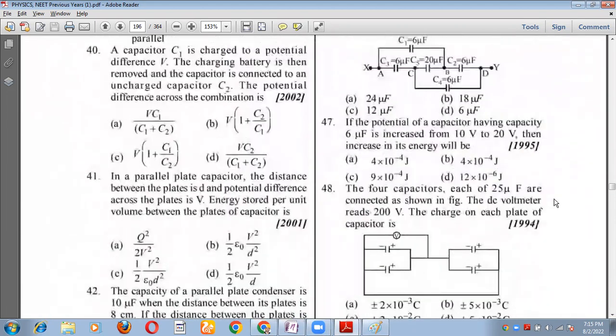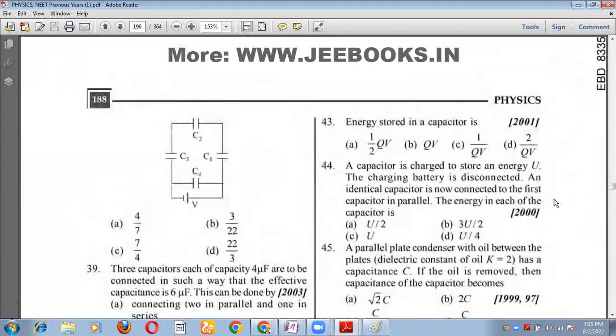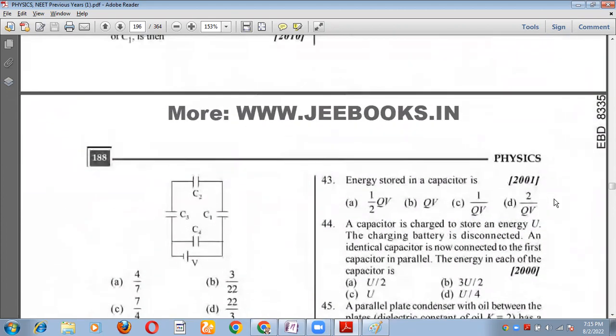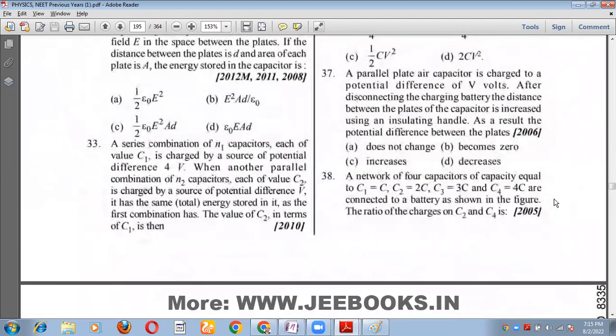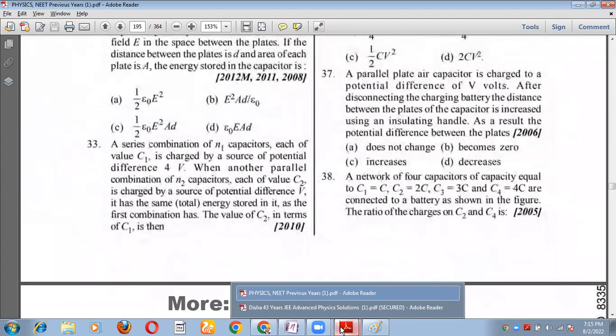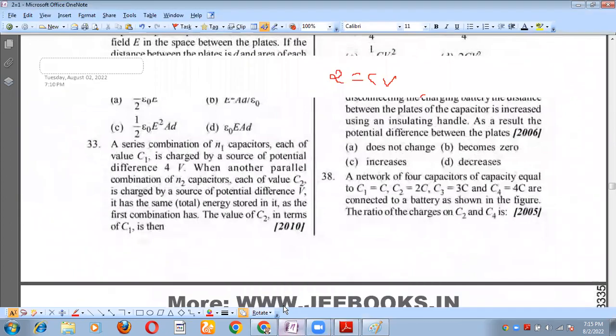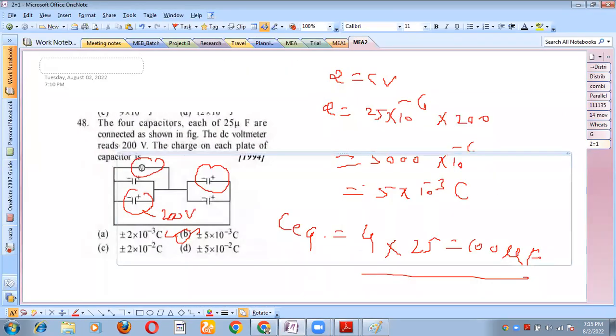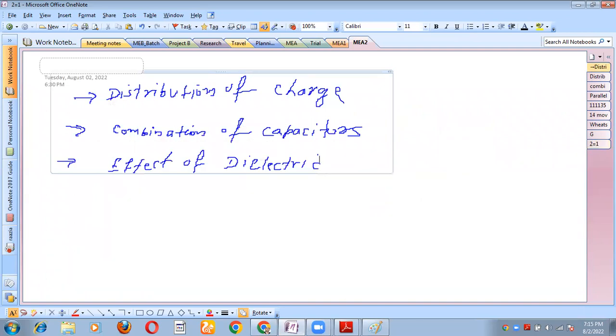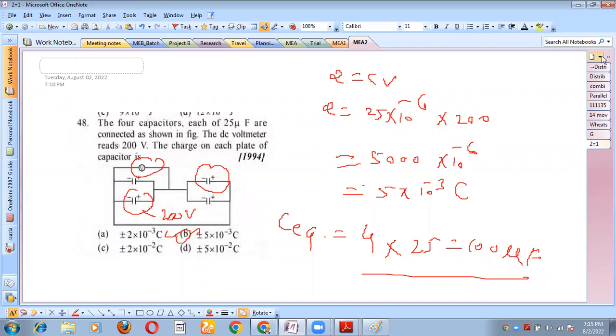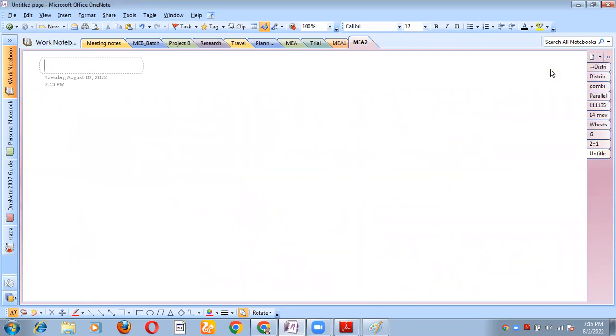I will give you some more questions based on series and parallel capacitor in the assignment. So now getting the next concept, that is the third concept, that is effect of dielectric. So let us discuss effect of dielectric, and then we will do some questions on that.